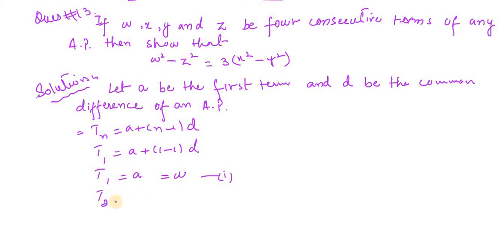And the second term T2 is equal to A plus (2 minus 1) of D. So T2 is equal to A plus D. We say that this is X, and our equation number 2.